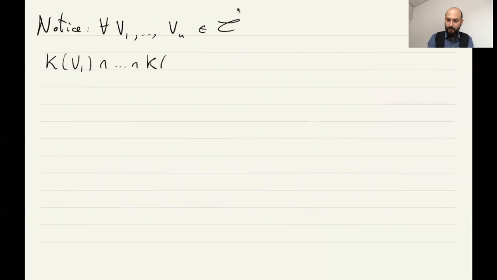So I make you notice that for all V_1, ..., V_n in the collection C, if we intersect these sets, then for sure we are going to have the family of all operators whose support is in V_1 ∩ ... ∩ V_n.